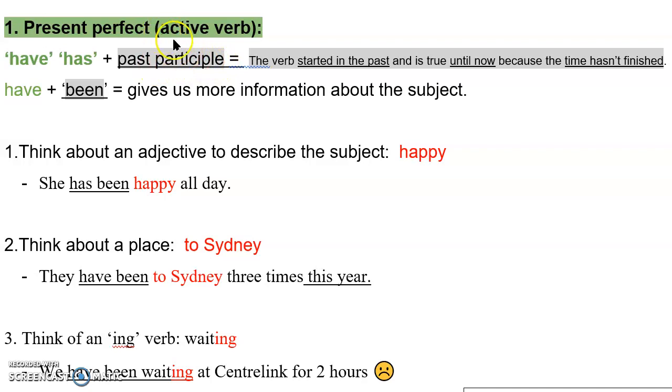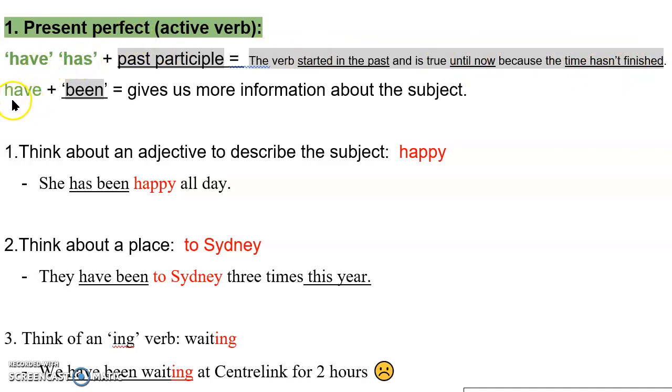Okay, so present perfect, one meaning is the verb started in the past and is true until now. Sometimes this is because the time hasn't finished. So that's why the verb and our time is important to remember when we use the present perfect.